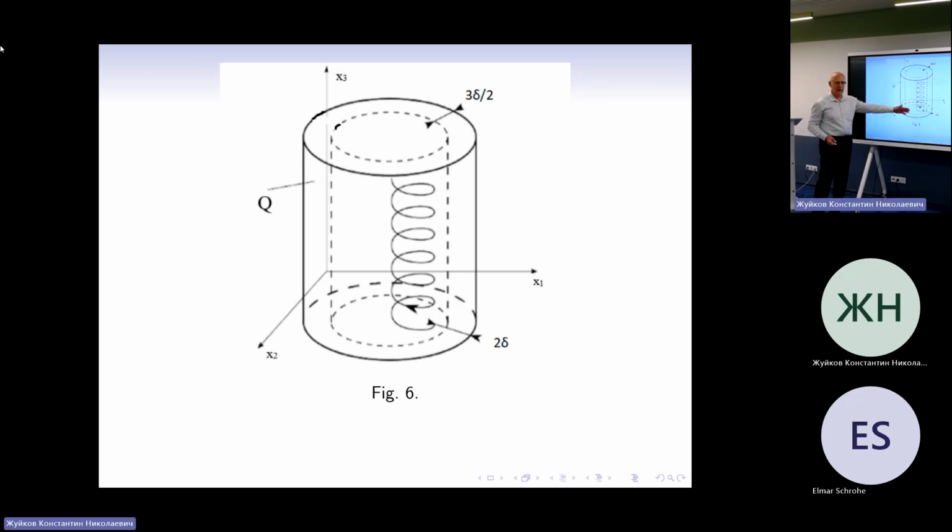If we don't have an electric field, then we have one more trajectory. If a particle at the initial moment is inside the cylinder located at distance 2 delta from the boundary, then the whole orbit is strictly inside the cylinder located at distance 3 delta. So we can move closer to the boundary, but this distance can be greater than delta 2.